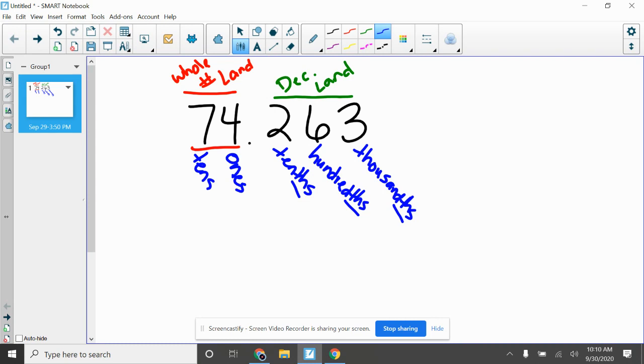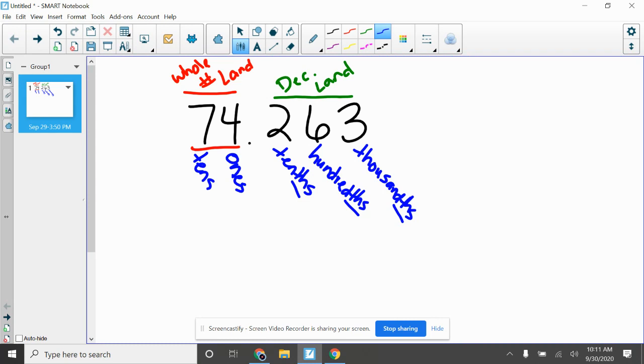Is there such a place as a millionth place? Yes, there would be. If I kept adding digits all the way down here, I eventually would get to the millionth place. But we don't do that, though there is a place that exists that's called that.